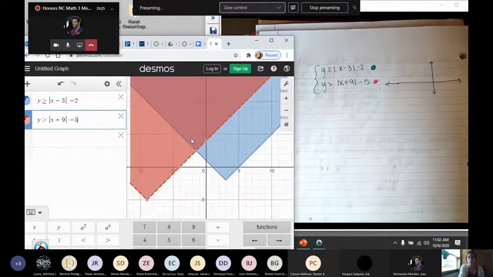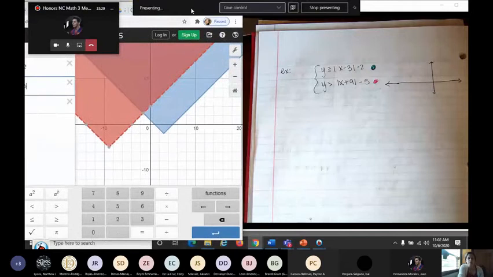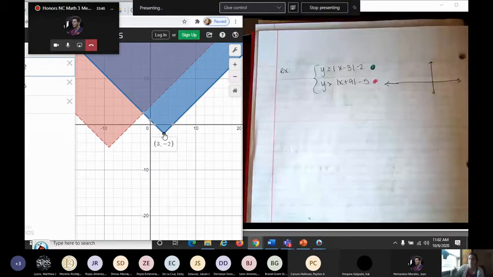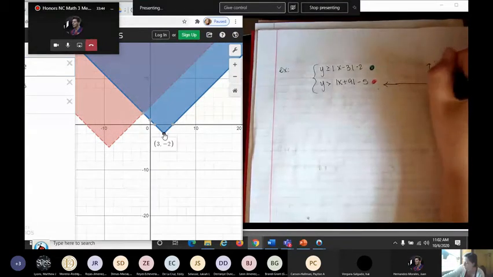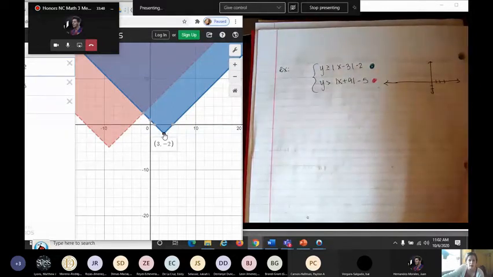Oops, let me zoom out so you guys can see it. So our two vertices, for our blue, it should be at (3, -2). Okay, so I guess I should put marks in there. 1, 2, 3, and then -2. My other one's going to be at -9.